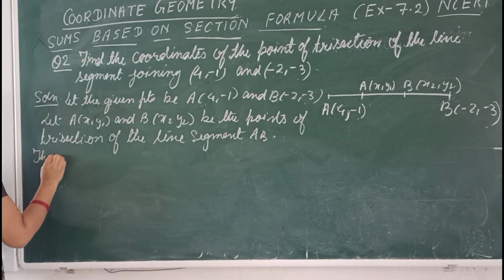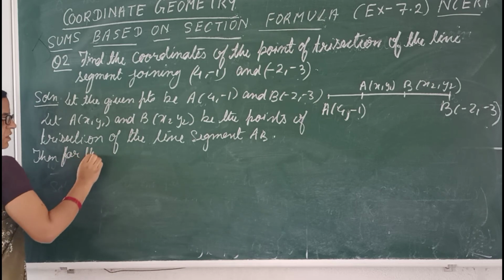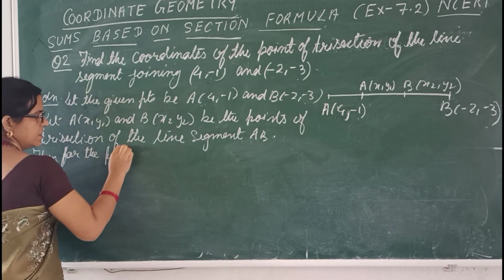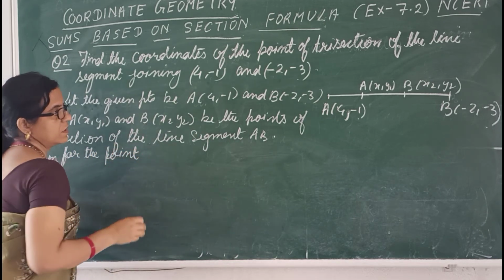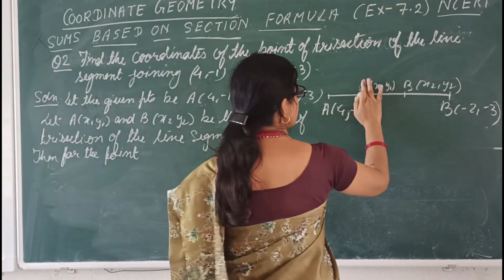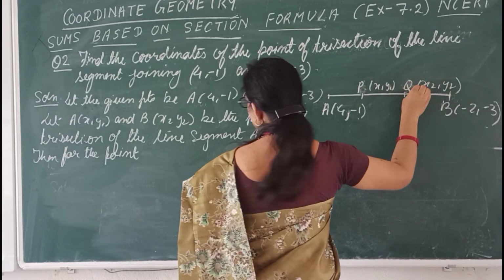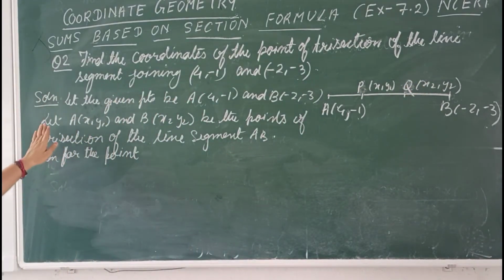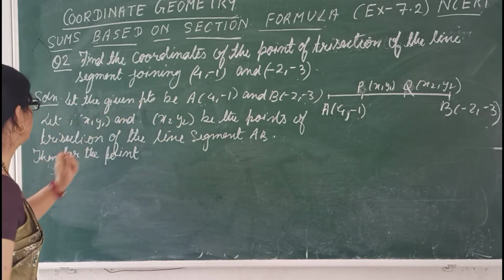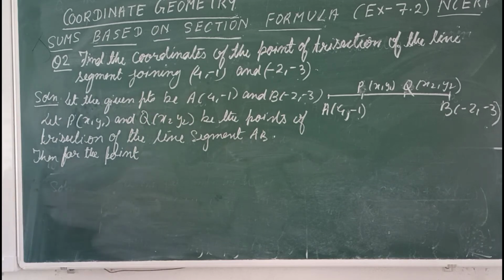Then, I have named AB here also and AB here also. Let us name them over here P and Q, over here also P and Q, the points of trisection of the given line segment AB.